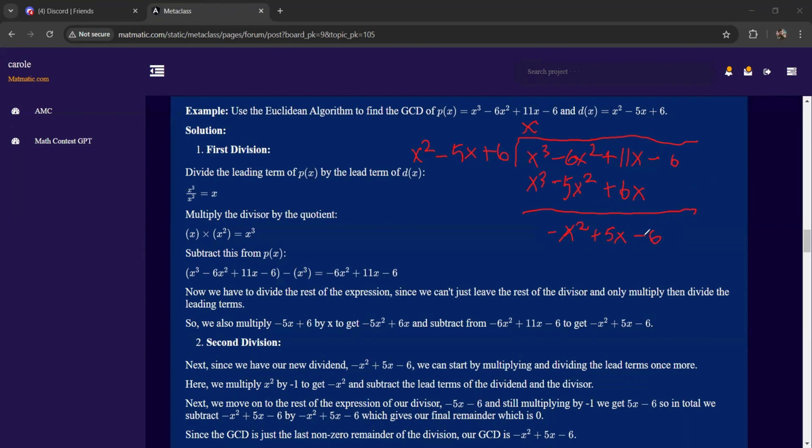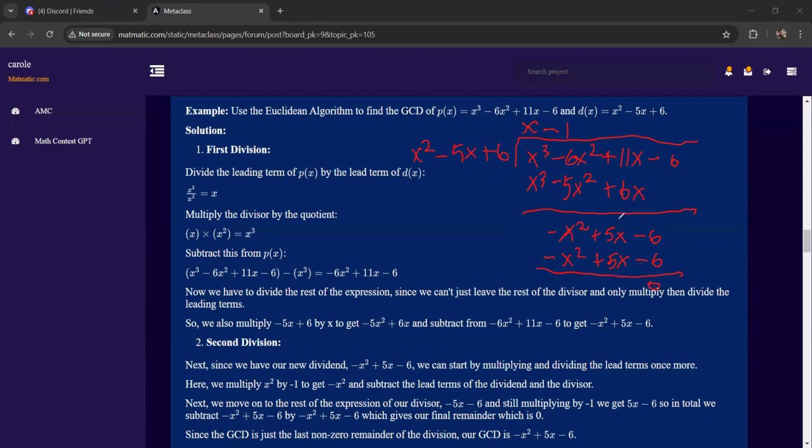So here comes our second division. Now we have to multiply again, but this time, as you can see, these are literally the same expression, but the signs are flipped. So all we have to do is multiply by -1, and then we get the same expression, minus 6.